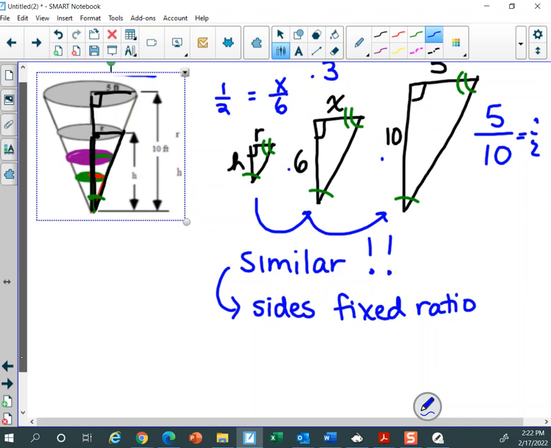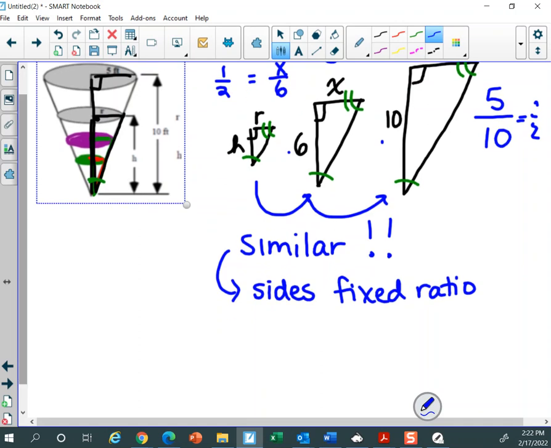So that means that R to H is a half, or 5 to 10, if you want to look at it that way. Okay? And that's always true. So how about 2R is equal to H all the time?